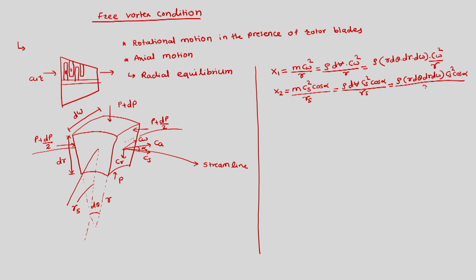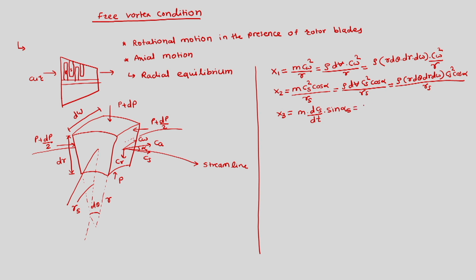Now there is a third acceleration for the fluid element, and that acceleration is due to the change in velocity with respect to time, which is dCS by dt into sin alpha. We are talking about radial equilibrium, so this acceleration is in the radial direction.